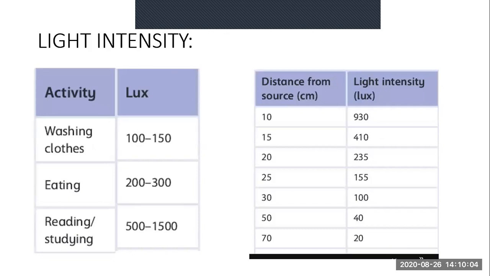According to distance, light intensity also changes. If it is near to the light source, it will be brighter, meaning light intensity will be higher, like 930. If it is far away from the light source, it will be darker, meaning light intensity will be lower.